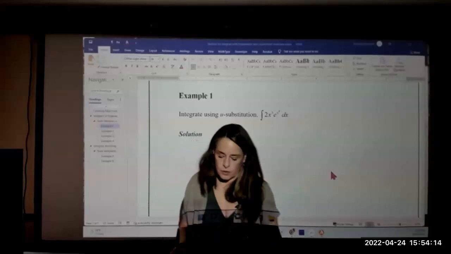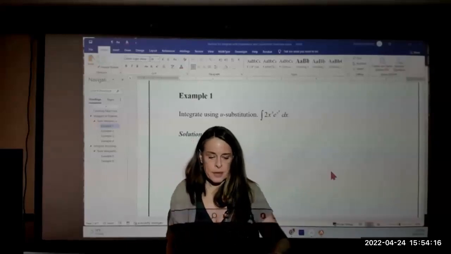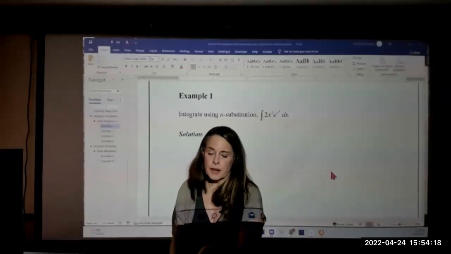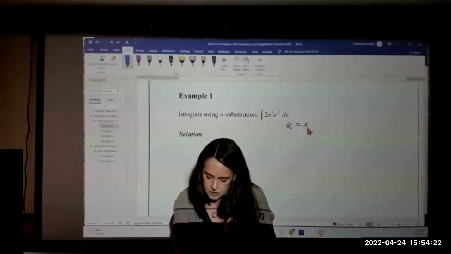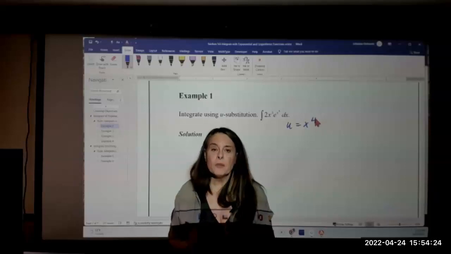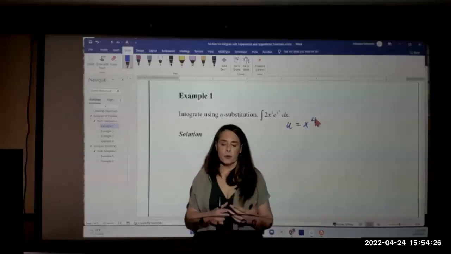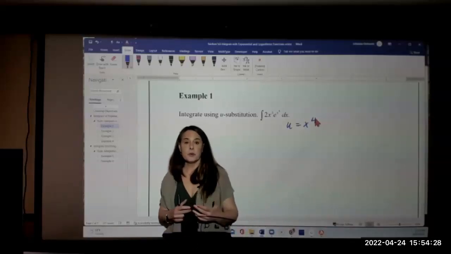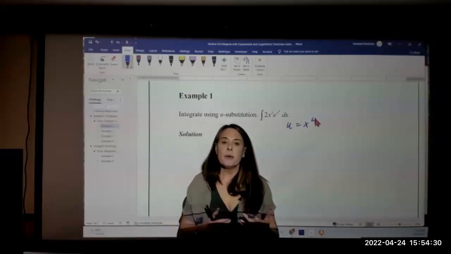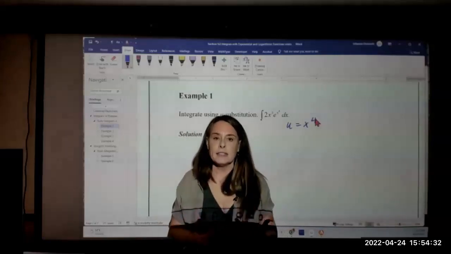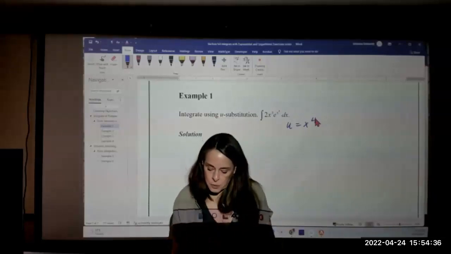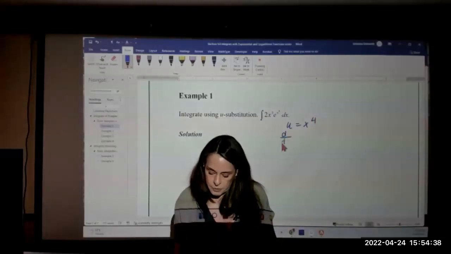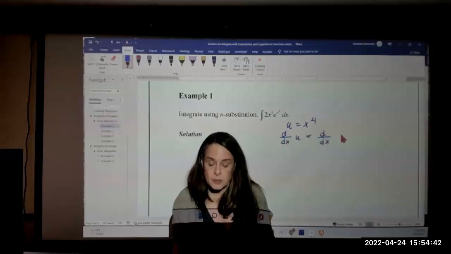If we allow the power here to be our u, then we would have u equal to x to the 4th. Then remember that we have to find the derivative of u in order to substitute out the dx. We also have to find the derivative of the inside function. This is basic U substitution. So we take the derivative with respect to x of u, and we take the derivative of the other side as well.